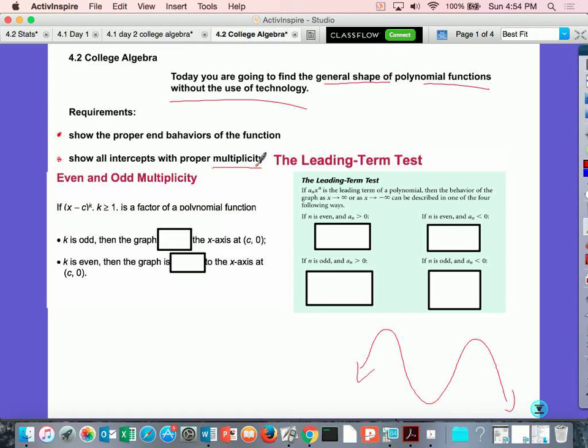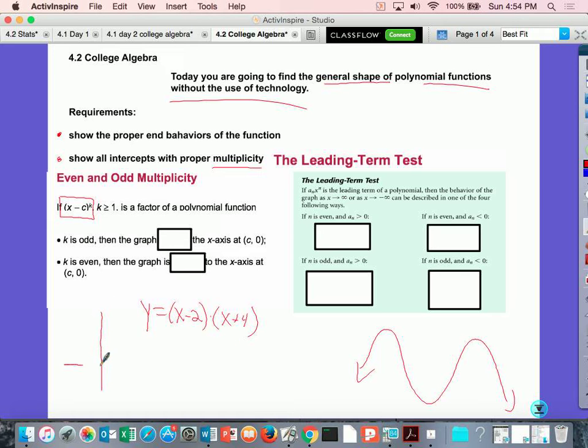What we're saying here is that we're going to look at the factor of a function, and also the degree of the factor. So let's back up. Let's say we've got this function right here. There's a factor, and there's a factor.